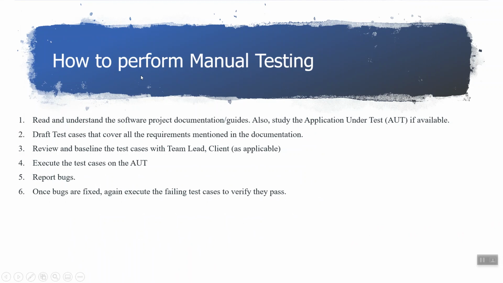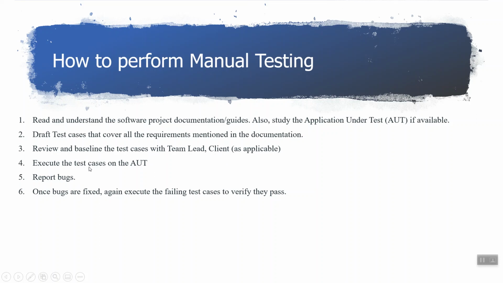So next is how to perform manual testing. To perform manual testing, the first point is to read and understand the software project documentation or guides which we have about the application. Also study the application under test if available. Second is to draft test cases that cover all the requirements mentioned in the document given. Third one is to review and baseline the test cases with the team lead or client as applicable.